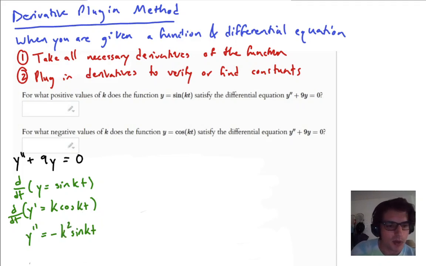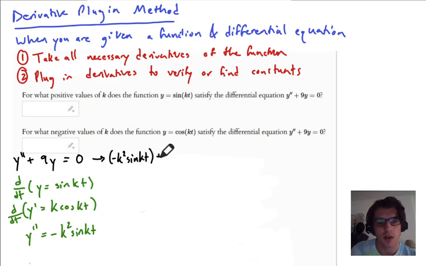Okay, I might be running out of space here, so let's now plug that into this differential equation. Negative k squared sine kt plus 9y, which was sine kt, equals 0. Okay, so I see we can factor a sine kt out.